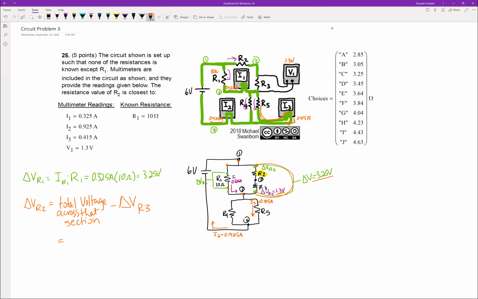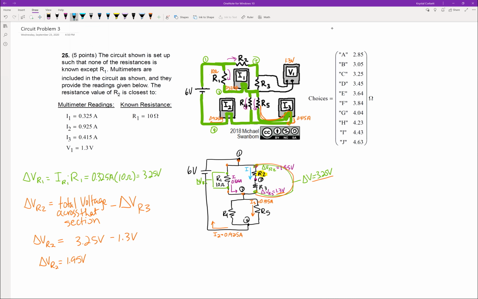So I can say that's equal to 3.25 volts minus 1.3 volts, which is equal to 1.95 volts. So I'm trying to find the value of R2. In order to find the value of R2, I need to also know the current that passes through R2.